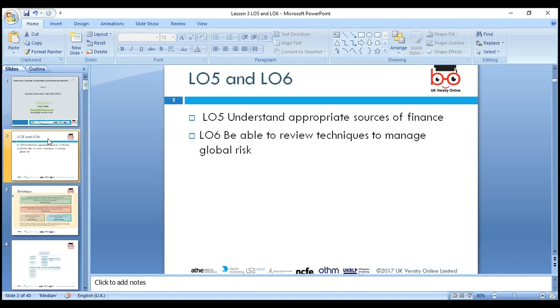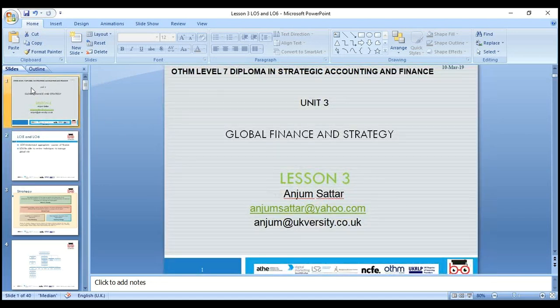We discussed weighted average cost of capital, the Modigliani and Miller model, the traditional views, and the overall impact of gearing on the cost of capital. So are you a risk taker? You can transfer the risk or try to minimize it. Always look at how much risk there is, the same in a global business, and we can use hedging techniques to protect against risk, which we'll go through in the next lesson.